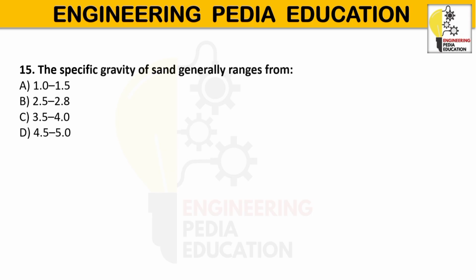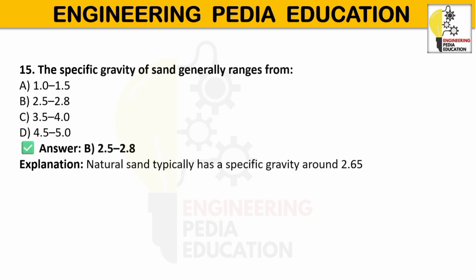Specific gravity of sand generally ranges from 1 to 1.5, 2.5 to 2.8, 3.5 to 4, 4.5 to 5. So the correct answer is 2.5 to 2.8. Natural sand has a typical specific gravity of around 2.65.